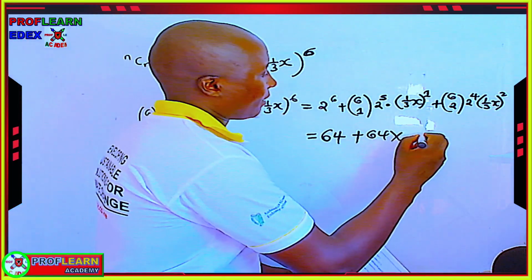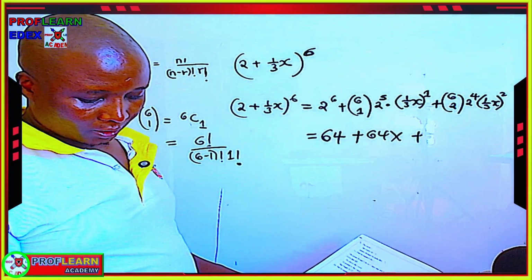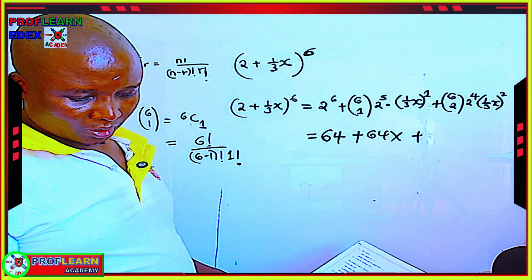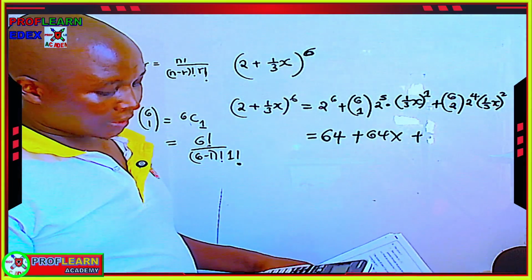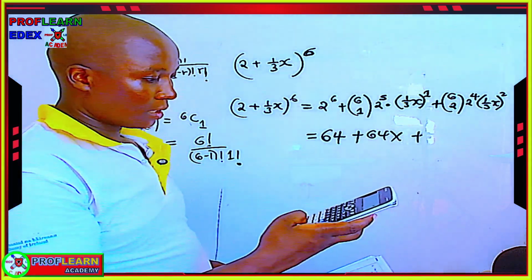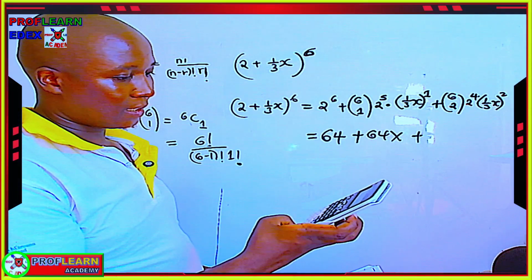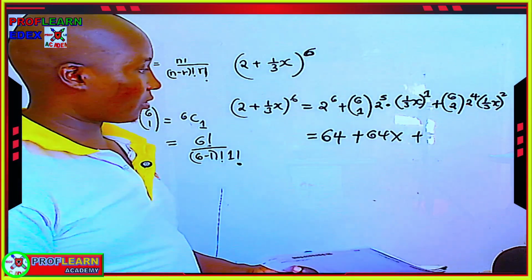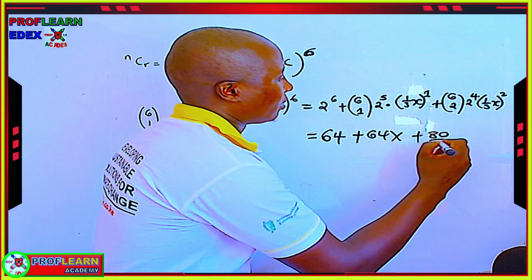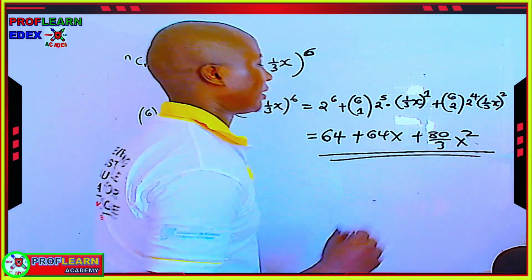Then plus the next term, we have 6 combination 2, which gives us 15, and that 15 times 16, because 2 raised to power 4 is 16, then times 1 over 9, and the answer becomes 80 over 3. So this third term is going to be 80 over 3 x power 2, and those are the first 3 terms.